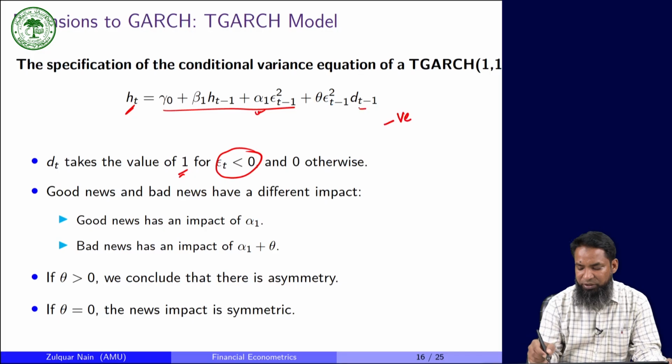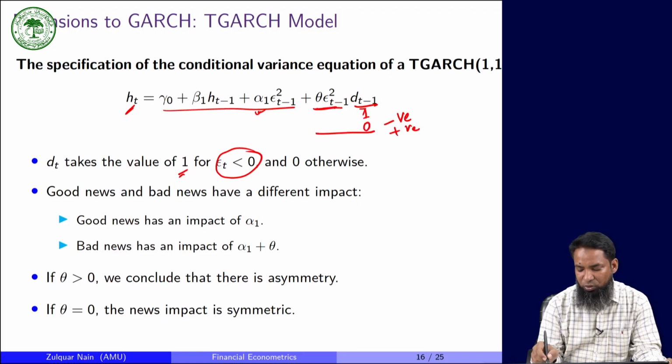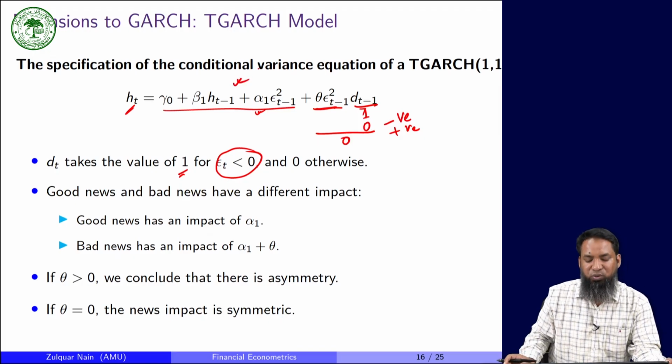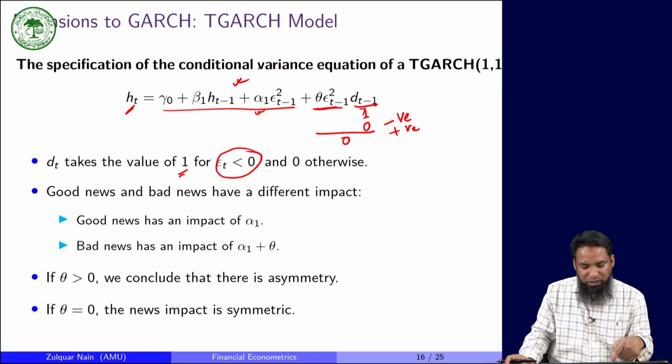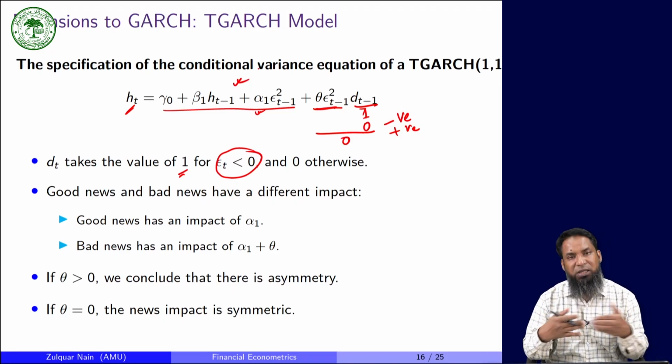So when we have a negative change, d_t becomes 1 and we have this particular term. Otherwise, when it is positive, this term is 0, the whole term becomes 0, and it becomes nothing but the standard GARCH model. So if theta is more than 0, we conclude that there is asymmetry. If theta is equal to 0, that means the news impact is symmetric.